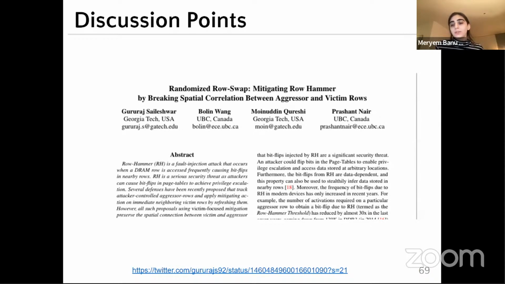But maybe we will see some answers to our points in this paper and what they've done to mitigate RowHammer. So yeah, this was nice for me to see. Maybe I can switch to the next discussion point if you don't have any other comments for this one.